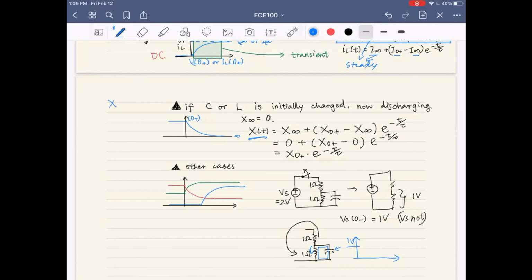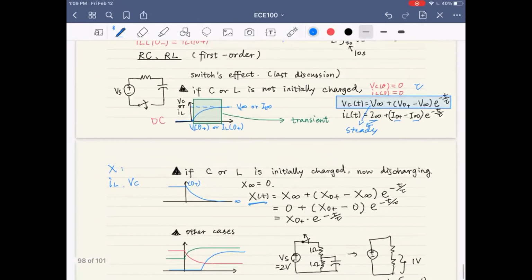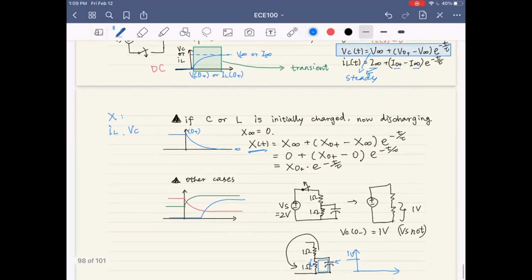Yeah, x replaces those. And it's only those two, right? It's not like v of l or something, right? You're right. Okay. Yeah. Thank you. Good question.